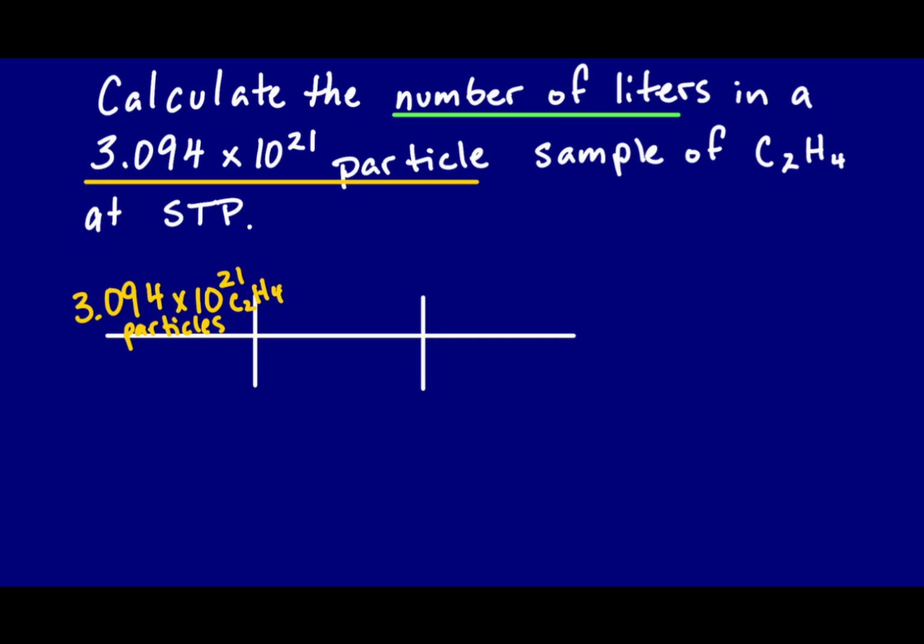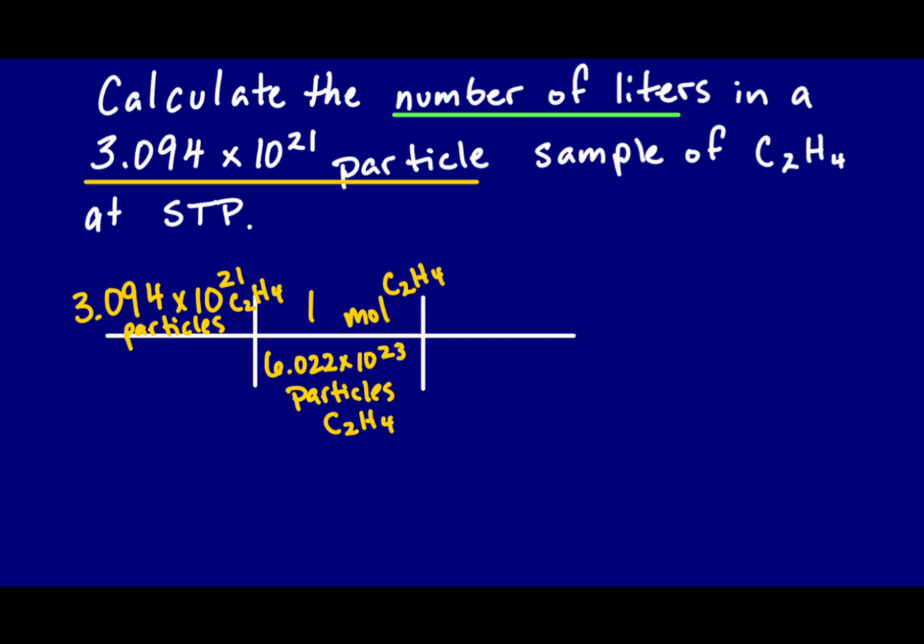We want particles to cancel, so we need Avogadro's number. Particles need to be diagonal, and Avogadro's number tells us that if we have particles, we're able to have moles as well. So for every 1 mole, we are going to have 6.022 times 10 to the 23rd particles.